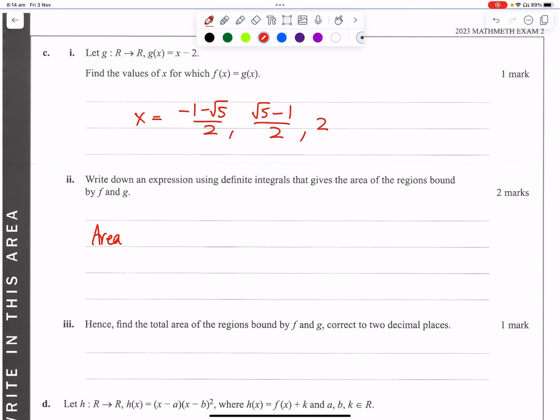So area, f of x minus g of x dx plus g of x minus f of x dx.